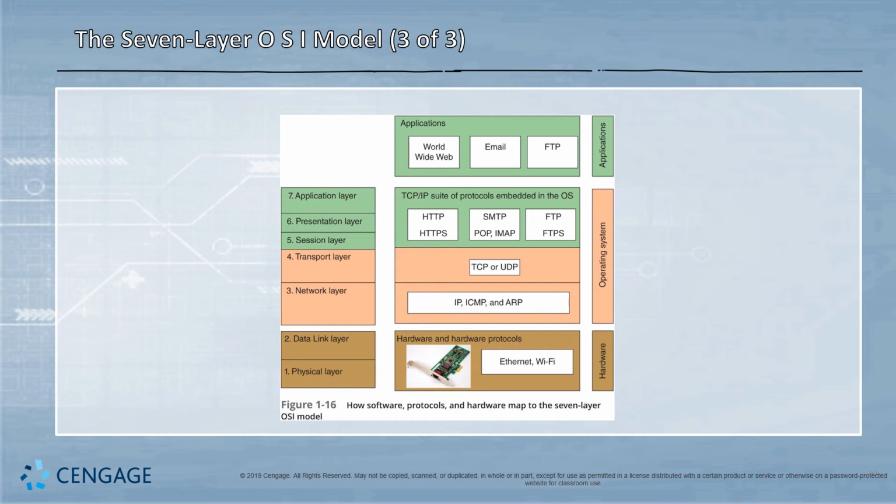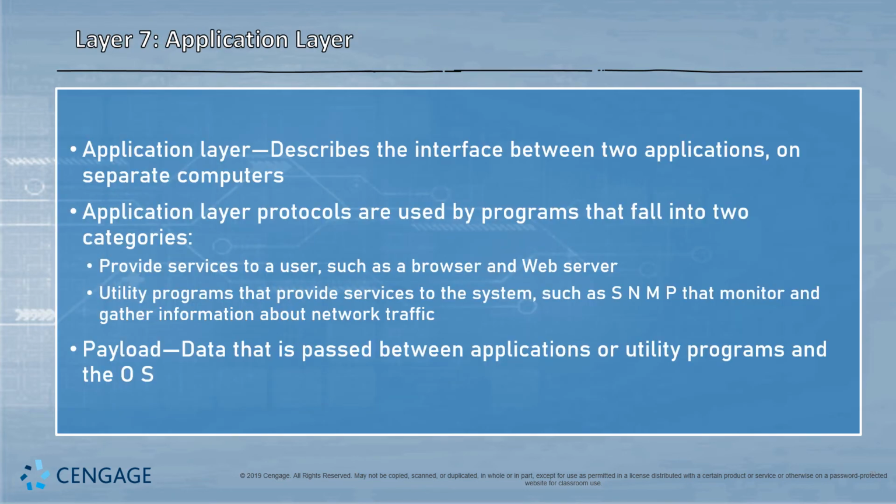And when the item is received on the opposite side, we literally do the exact same process but in reverse to peel off the various formatting and encapsulation that's done in order to send a message in the first place. So the application layer describes the interface between an application here and an application on another computer.